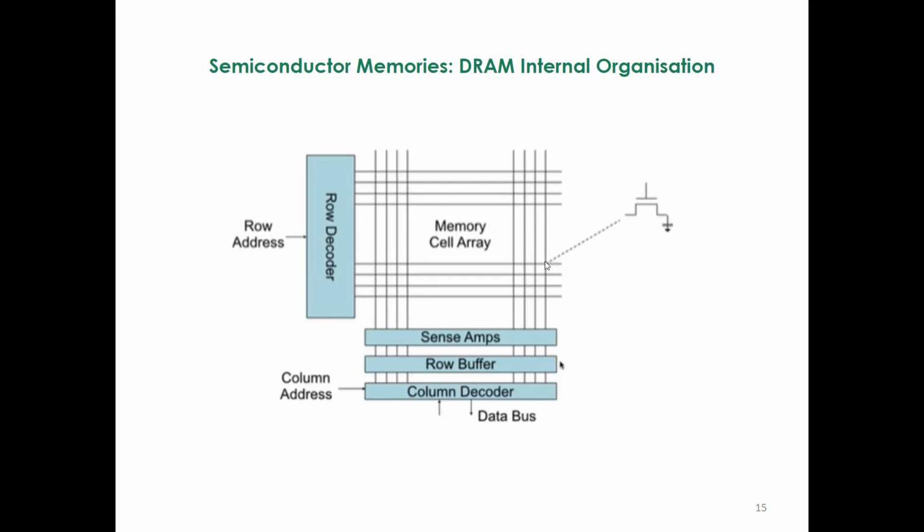So if you want to store maybe a byte, which is like 8 cells, or you want to store an entire word, right? Then it means you have multiple cells involved.